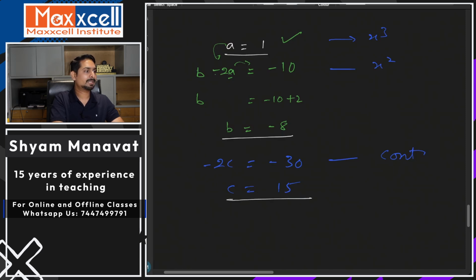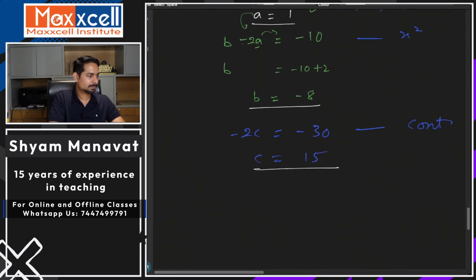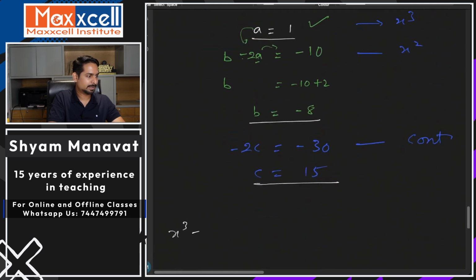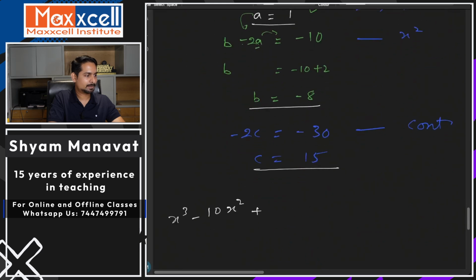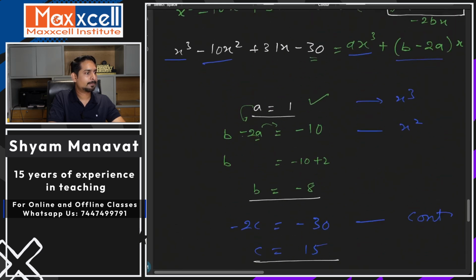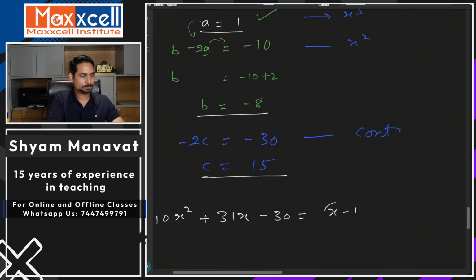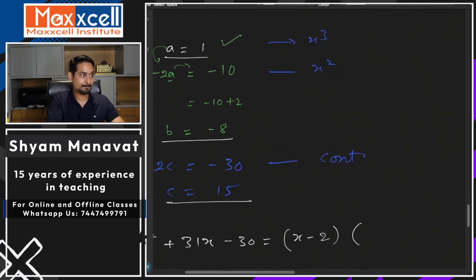So you got the value of a, you got the value of b, you got the value of c. That means the expression now, which is x cube minus 10x square plus 31x minus 30, equals x minus 2 into the other expression, which is what? ax square, a equals 1, so I have only x square here.